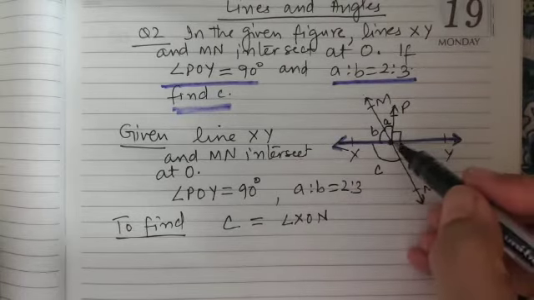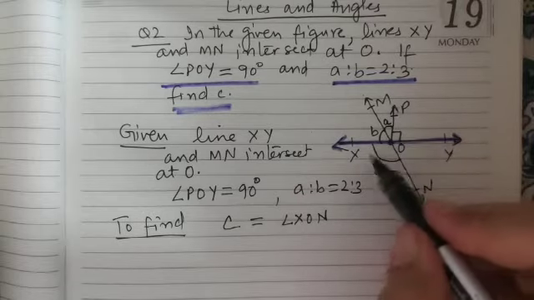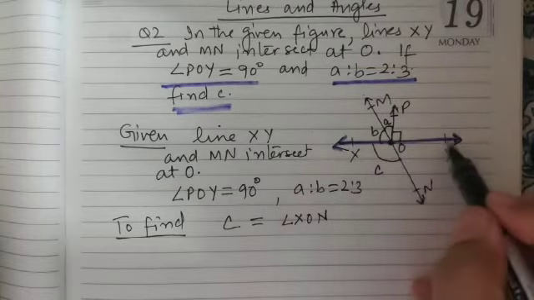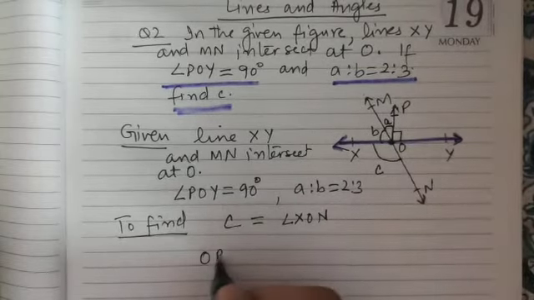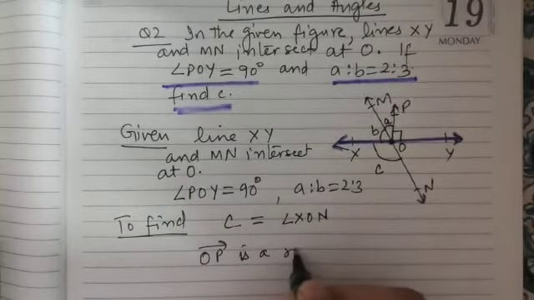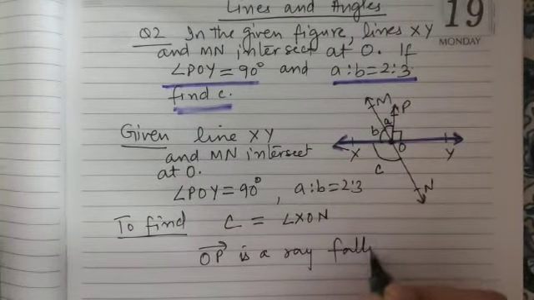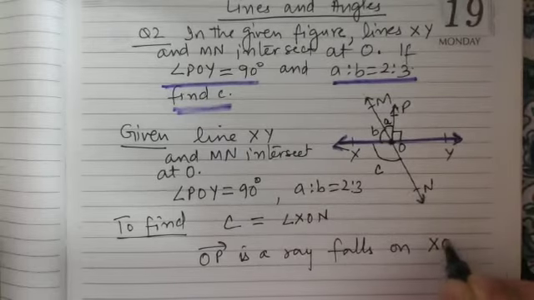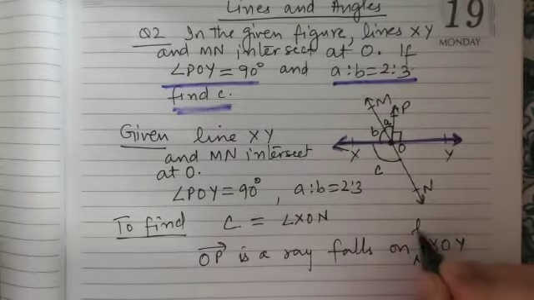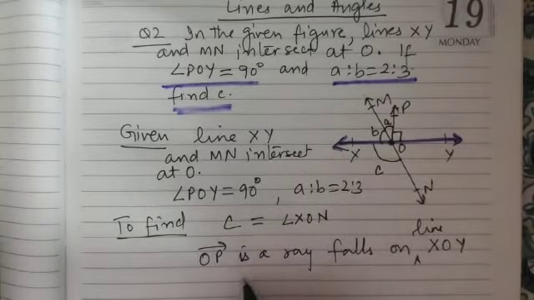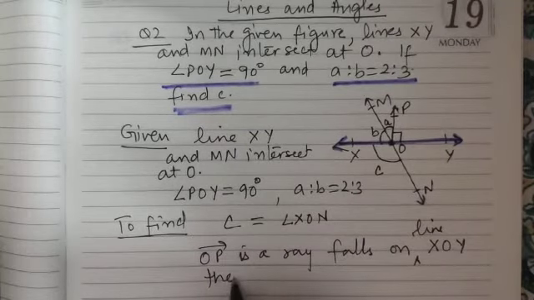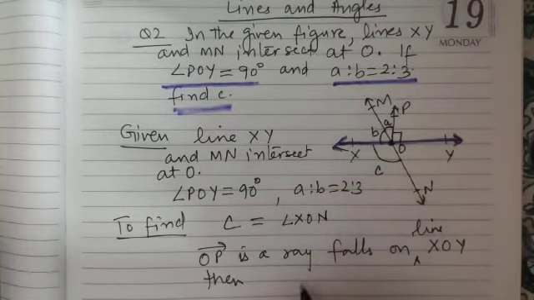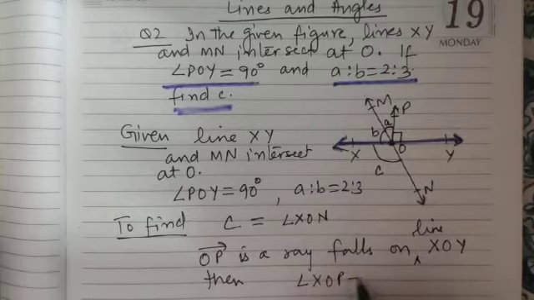If OP is a ray and it falls on the line XOY, then can you tell me what will be angle XOP plus angle POY?